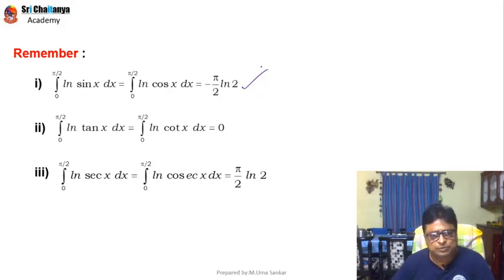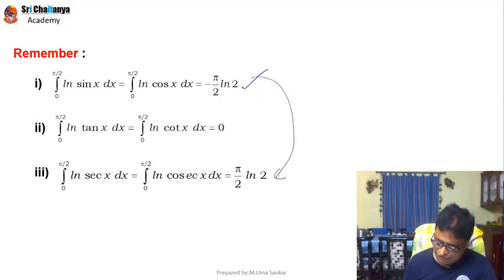Third one is 0 to pi by 2 log secant x dx is equal to 0 to pi by 2 log cosecant x dx is equal to pi by 2 log 2. Try to understand the sign difference between these two. These are standard results, and of course they are useful for board examinations also.